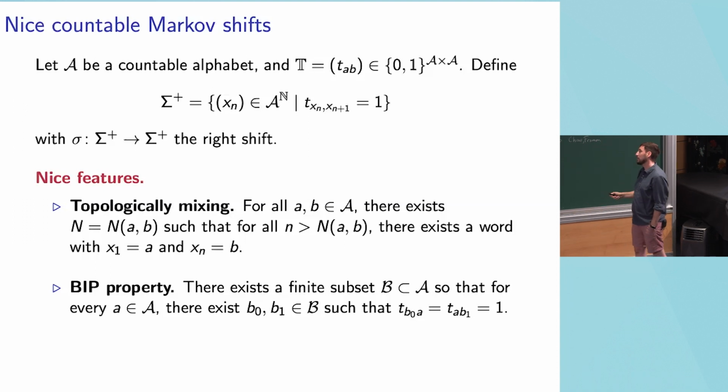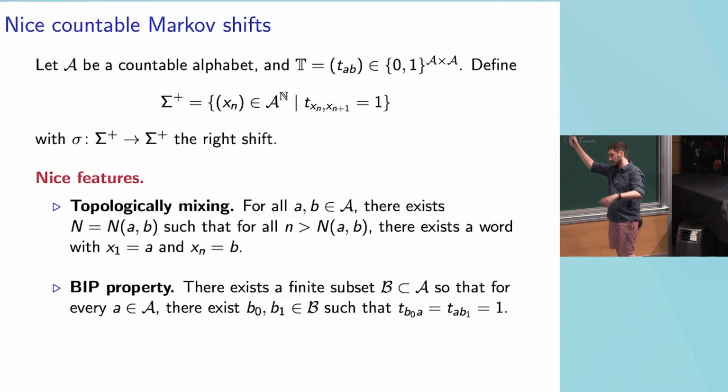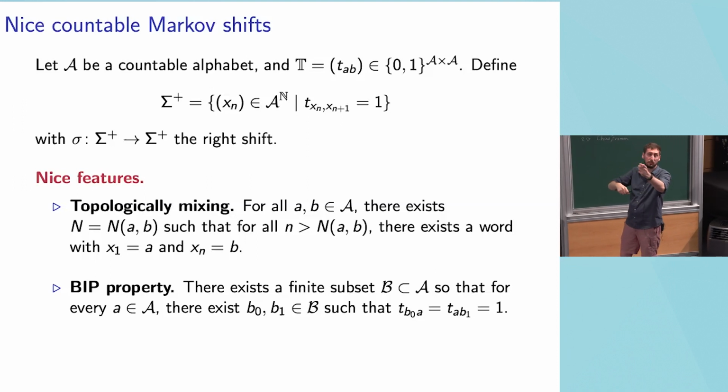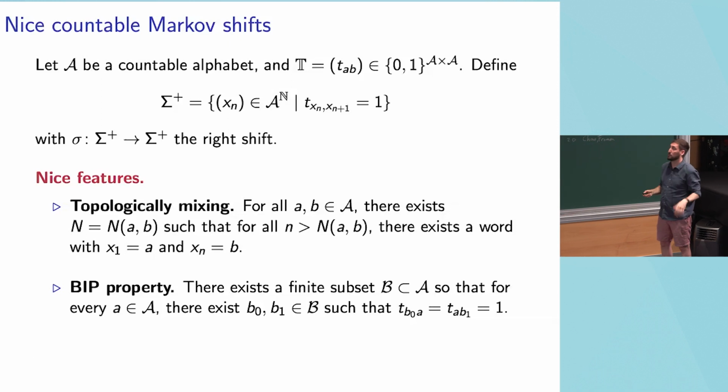And the BIP property, the way I think about it, is almost a compactness property. So in this countable infinite alphabet, I have a finite subset B, so that if I'm anywhere on my surface, I can get back to this compact part B in 1 step and get away from this compact part B in 1 step.